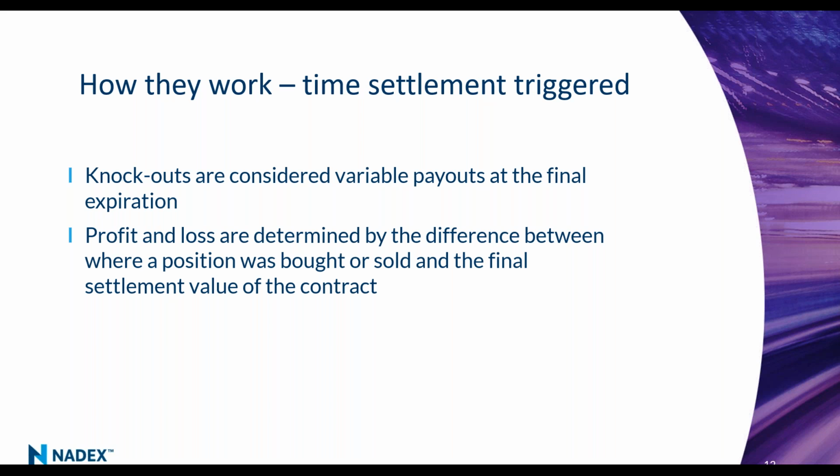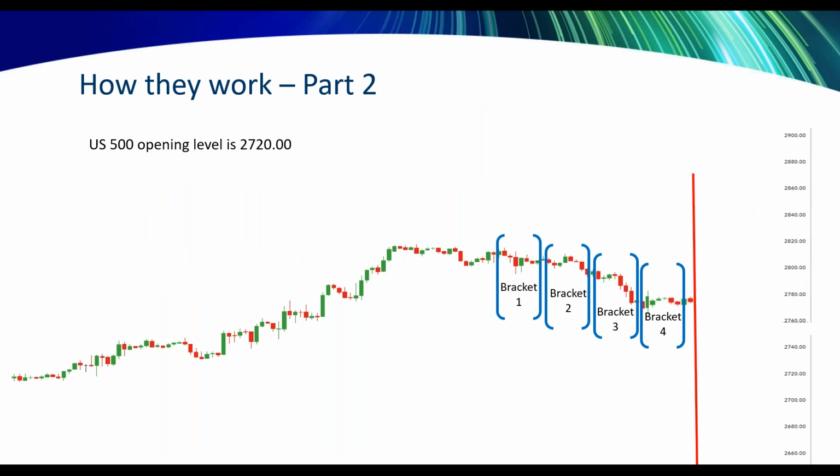Before you enter a trade, you know how much you can make if it were to touch a floor or a ceiling. If it doesn't touch a floor or ceiling, it will settle at a point. So this is the time settlement, the time getting triggered.